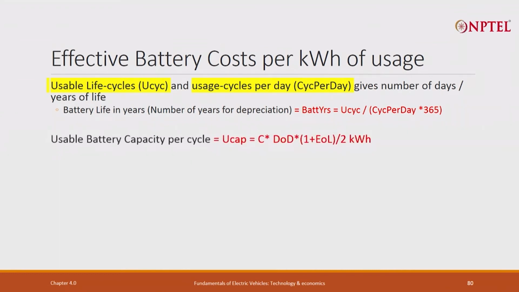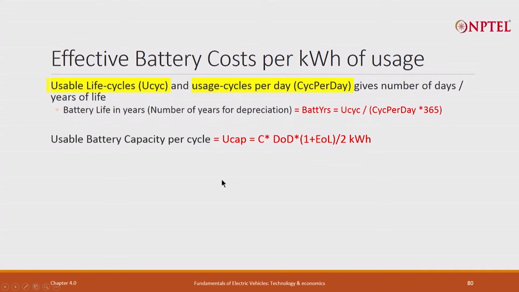What about usable battery capacity per cycle? Well, the maximum battery capacity that you can use is the actual capacity you started with, 1 kilowatt hour, 4 kilowatt hour, whatever, times the depth of discharge, because you are only going to use that 85%. So, 85% multiplied by 1 plus end of life, divided by 2. Now, why have I done this?